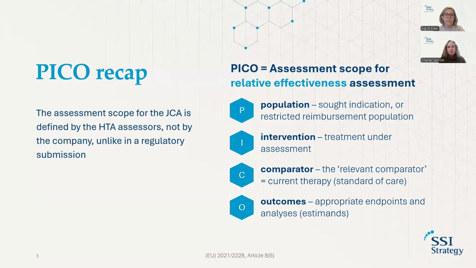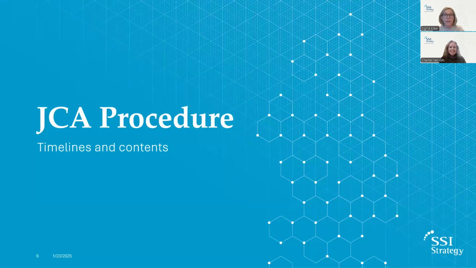That is basically your drug under development or medical device. C is for the comparators, the relevant comparators, the current therapies that are out there, the standard of care for your population, and the outcomes are the outcomes that are relevant. That's the O. So PICO, that's what we will be talking quite a bit about today. Yes, indeed. So now let's dive into the procedure, and we will start with the timeline.